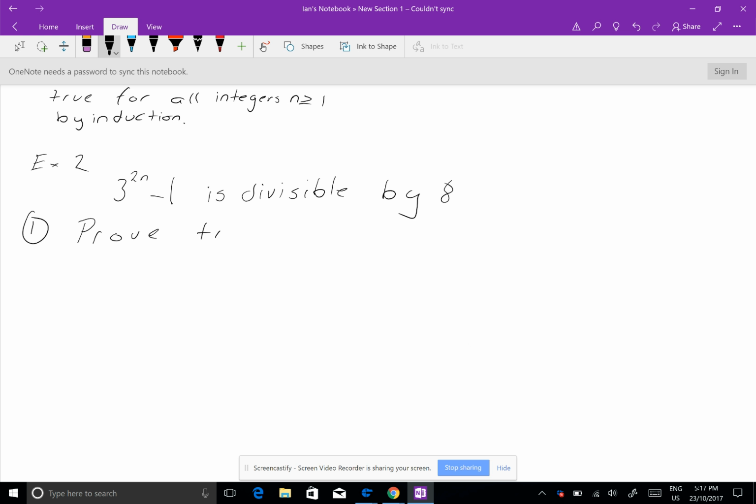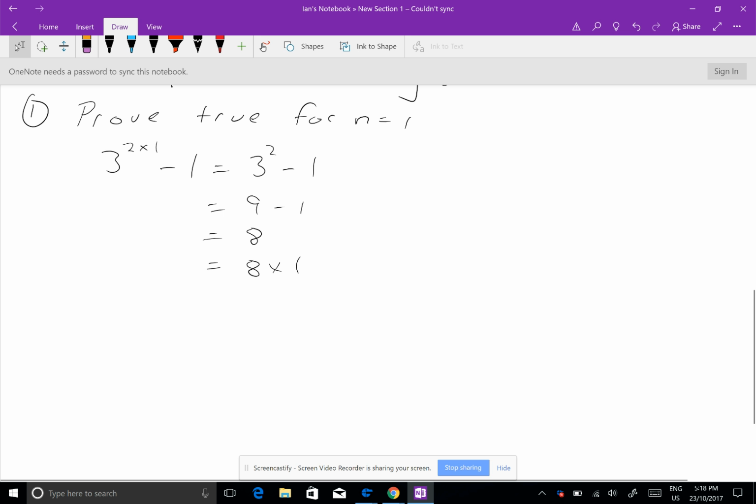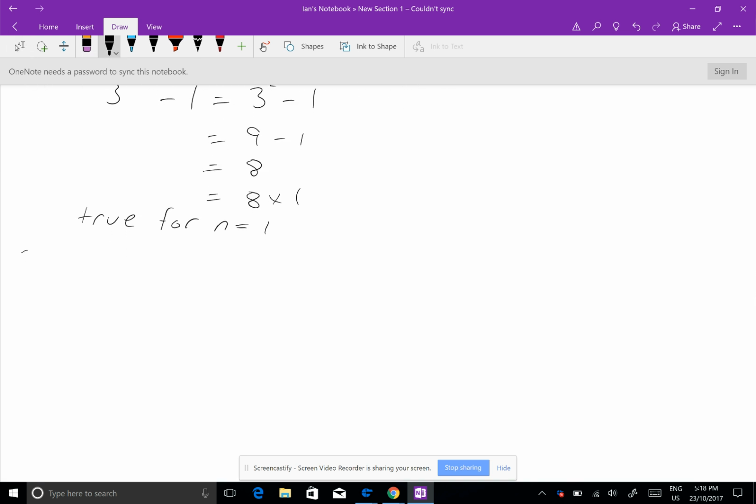Prove true for n equals 1. Well, 3 to the 2 times 1 minus 1 equals 3 squared minus 1 equals 9 minus 1 equals 8 times 1. True for n equals 1.